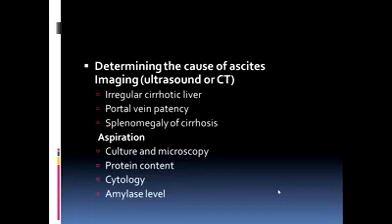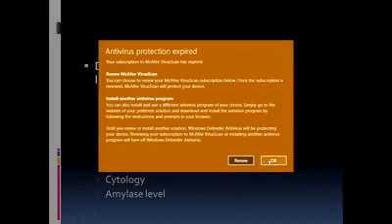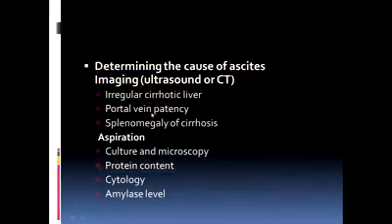Now determining the cause of the ascites is possible with the help of ultrasound and CT scan. These imaging studies will tell about the texture of the liver, which most of the time is irregular and cirrhotic. Then the portal vein patency; most of the time in patients with chronic liver disease the portal vein is thrombosed.